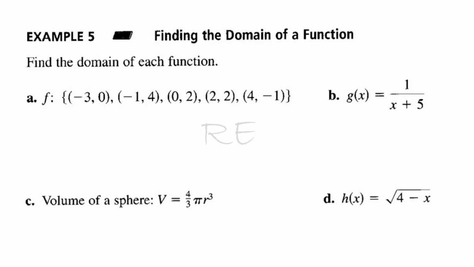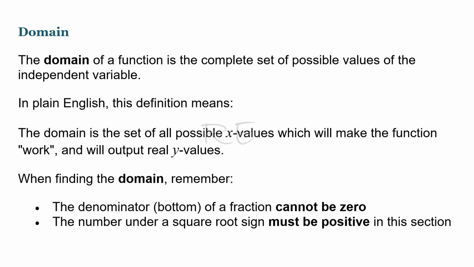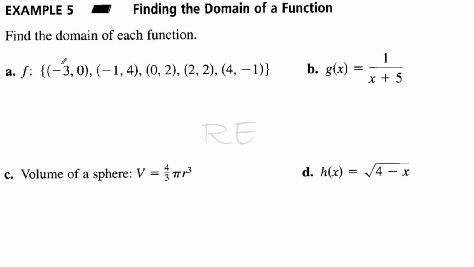Finding the domain of a function. Students may pause the video to review the definition of the domain of a function, which is the set of all possible x values that will make the function work. The first function is given explicitly.